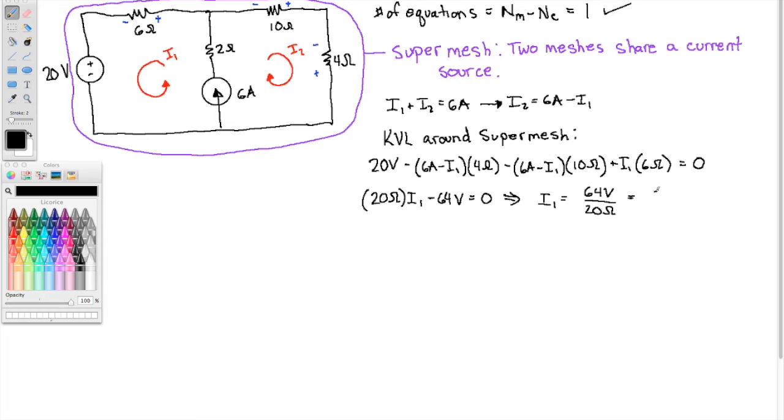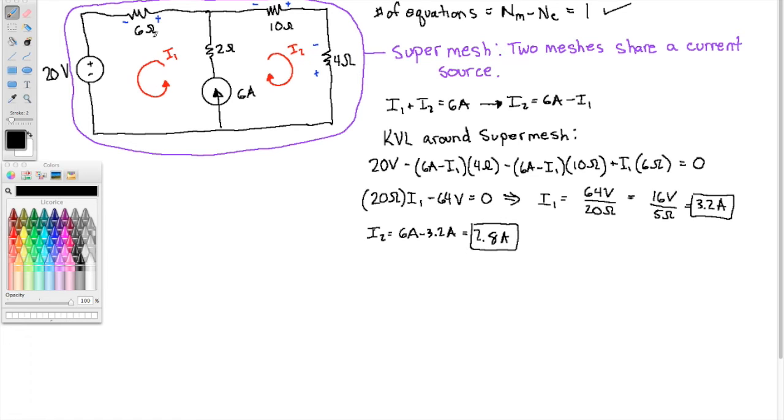So this is 116 volts over 5 ohms, which is 3.2 amps. Alright, so that's I1, and remember the relationship between I1 and I2 was here. So that makes I2 to be 6 amps minus 3.2 amps, which gives us 2.8 amps.